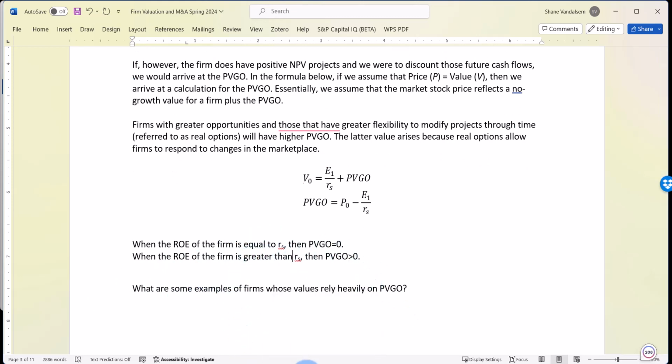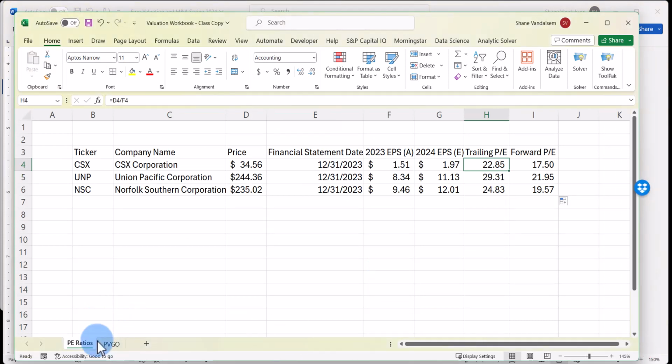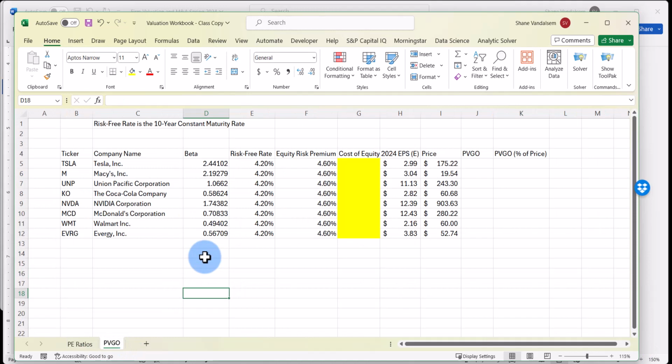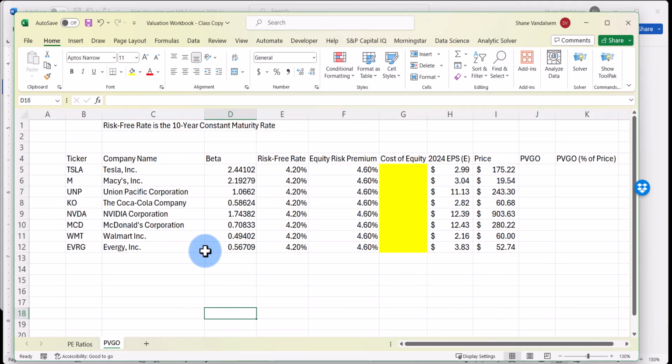So I'm going to open up the workbook that we were on, and you can see the second tab here says PVGO. I've got several companies here, and I'll show you how I calculate this. We've got the beta for the firm. We've got the risk-free rate, and that's the same for all firms because it's the 10-year constant maturity rate. Essentially, it's the rate currently on 10-year Treasury notes.